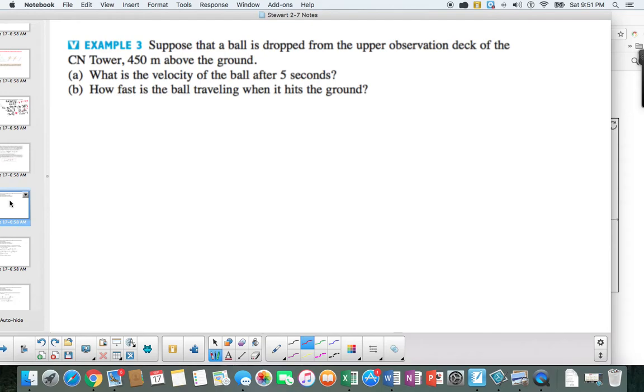Okay, one of the things that we need is the position function of a free fall object, which is s equals f of t, so it's depending on time, equals 4.9 t squared, and that utilizes gravity.